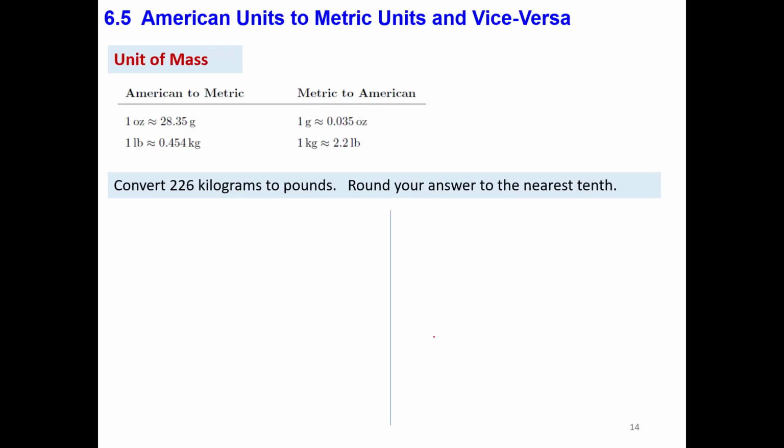And the last part of converting from the American units to metric units, between these two systems of units, is the unit of mass.